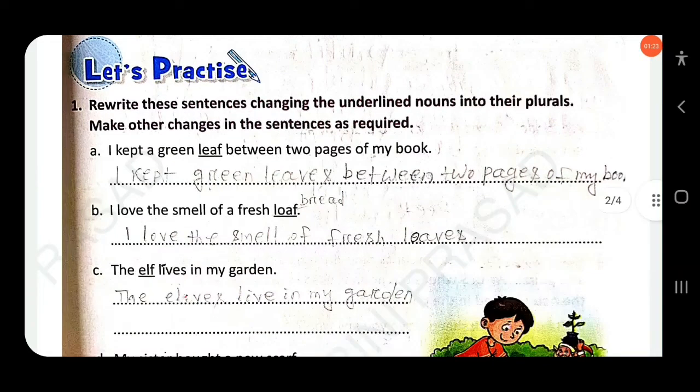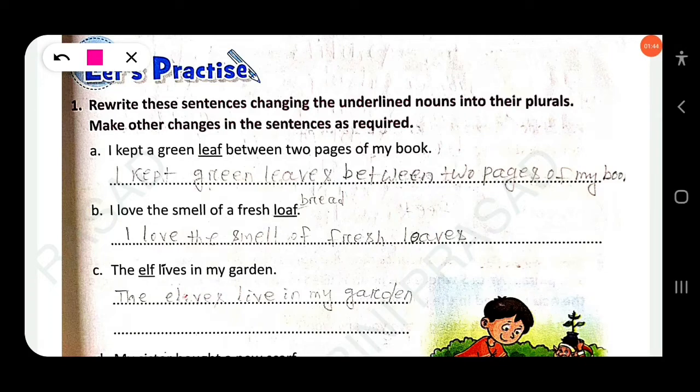I kept a green leaf between two pages of my book. As you know, when we talk about a singular noun, we use an article. But when we discuss plural nouns, the indefinite articles are removed.